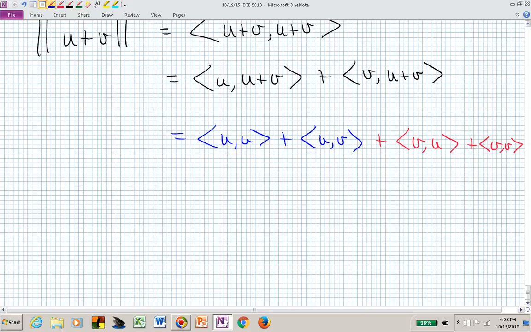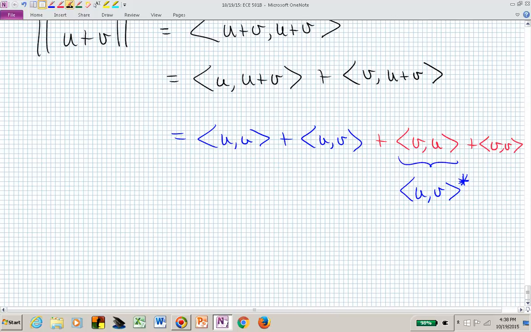And now let's rewrite this piece. Let's flip the vectors in the slot, and what does that produce? If I change the slot locations, it's not just uv, since I'm dealing with the generic case. I now have to take the complex conjugate.